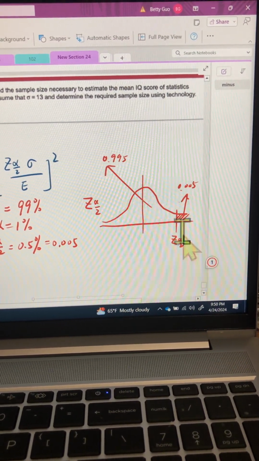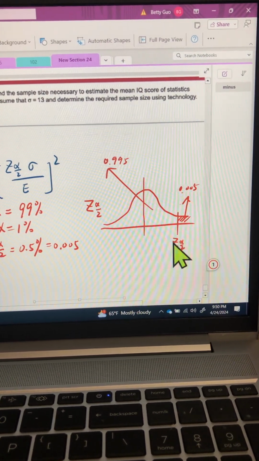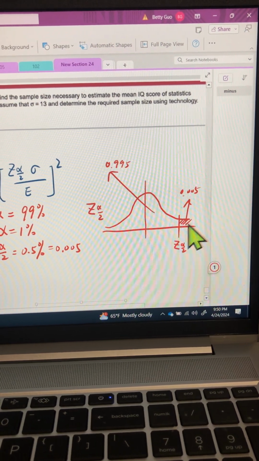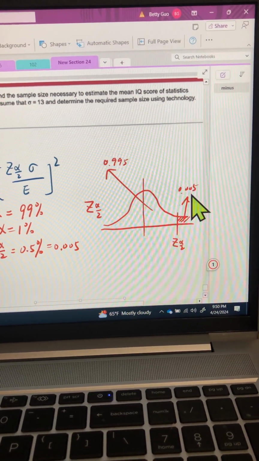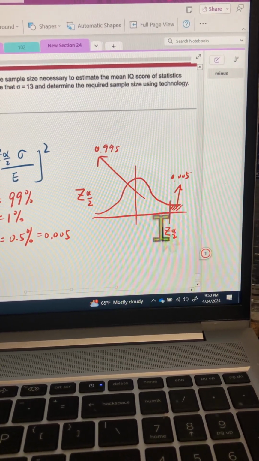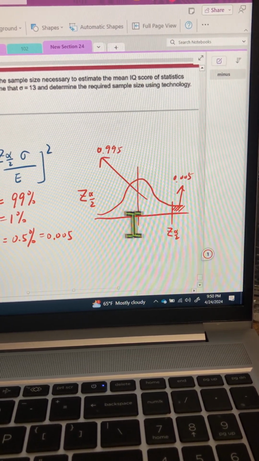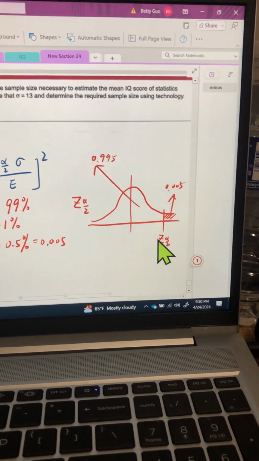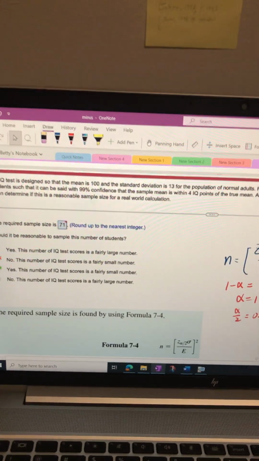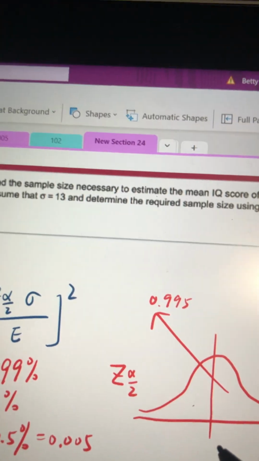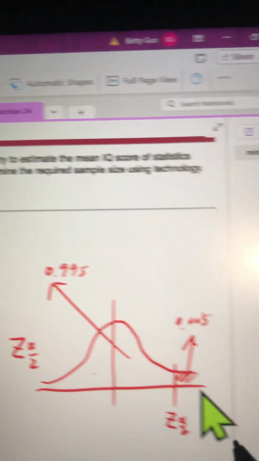Z sub alpha over 2 is this z-score, such that the region to the right of the z-score equals 0.005. So how do we find the value? Let me use a different method here. We can use the symmetry of this standard normal curve.